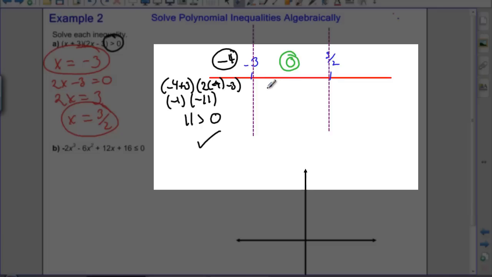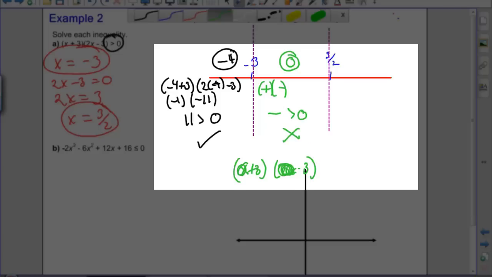So when I take a look at x plus 3 and 2x minus 3, I'm just going to plug a 0 in here and a 0 in here. Ultimately the first bracket becomes a positive number and the second bracket becomes a negative number. And so in this particular case, I'm going to multiply a positive times a negative to get a negative and ask myself the same question: are negative numbers greater than 0? The answer is no, so this is not part of my solution.